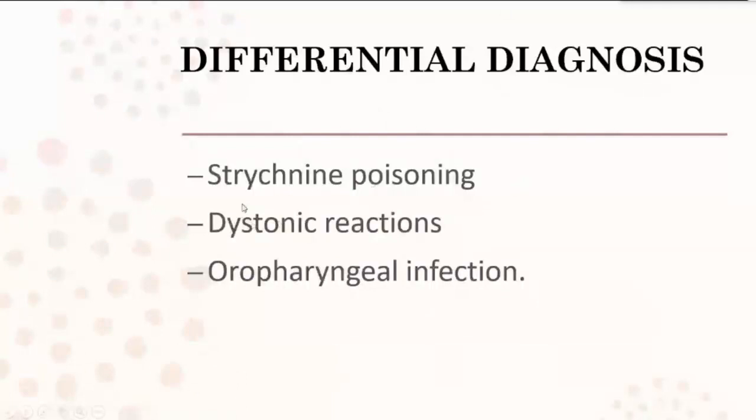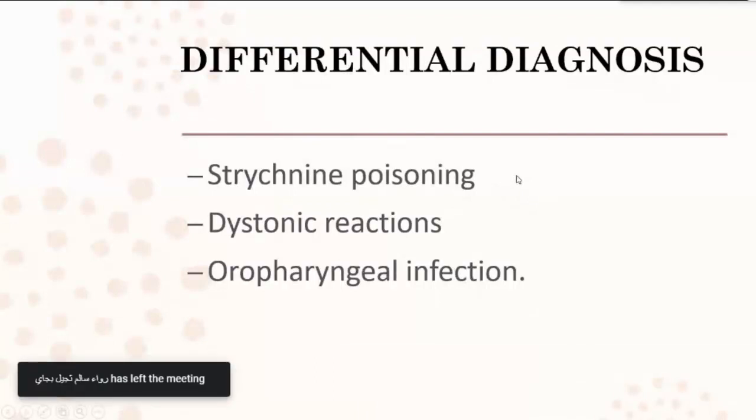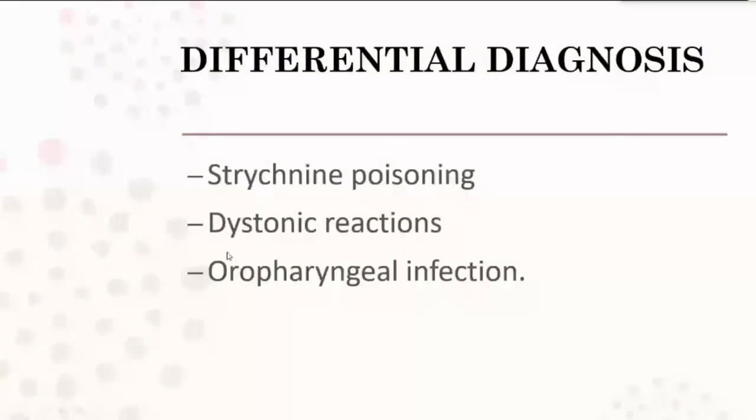So strychnine poisoning is another differential diagnosis, but it usually has no autonomic nervous system component. Dystonic reactions, dystonia, that's dystonic related. لو واحد اخذ metoclopramide may present with such presentation.